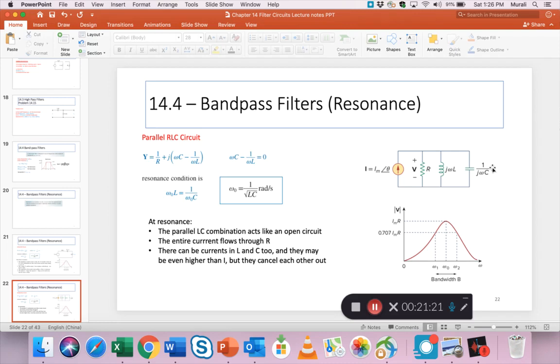And at that point, the parallel combination acts like an open circuit. The entire current flows through R. There can be currents in L and C too, and they may even be higher than the input, but they cancel each other out. So you're left with just current in the resistance, and it's in phase with the input current source.